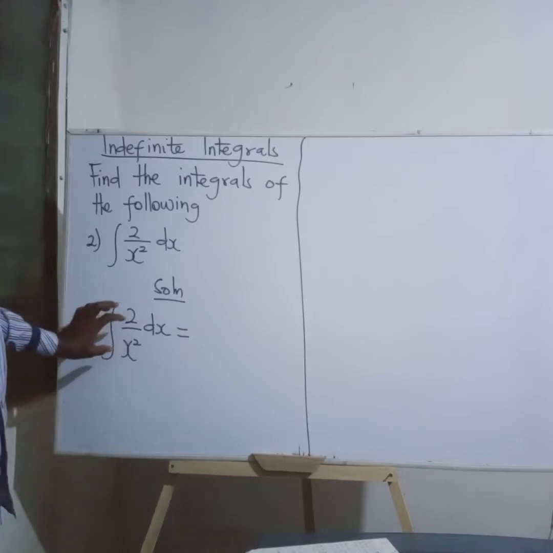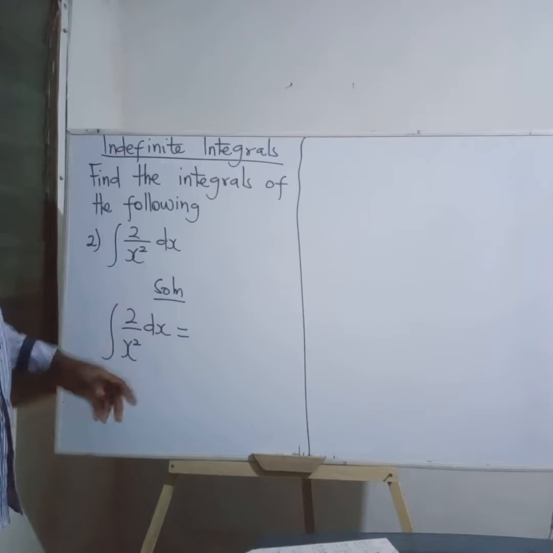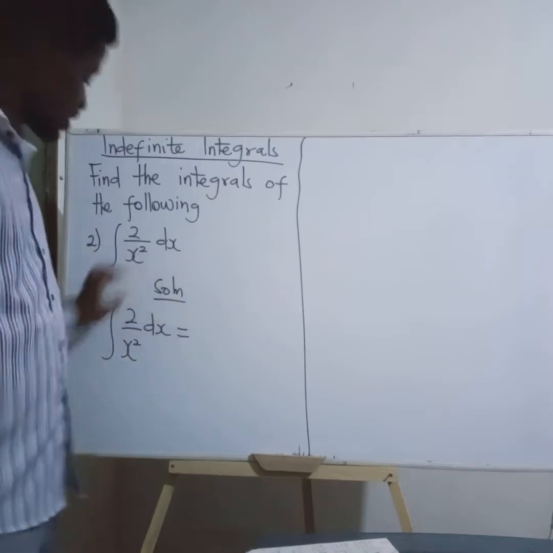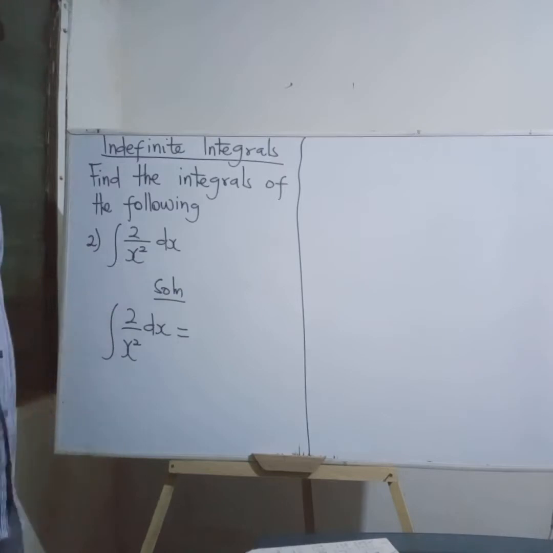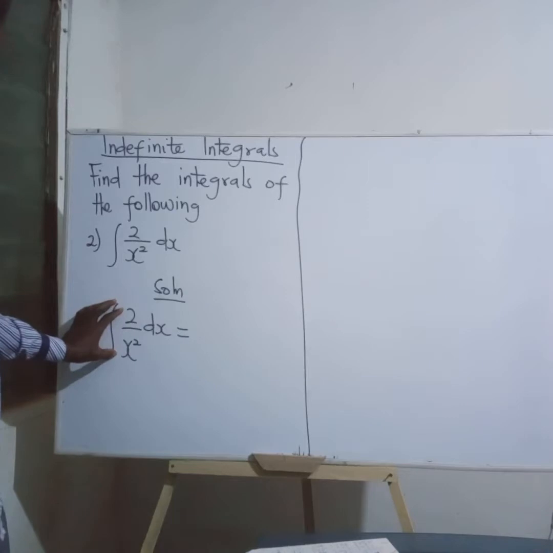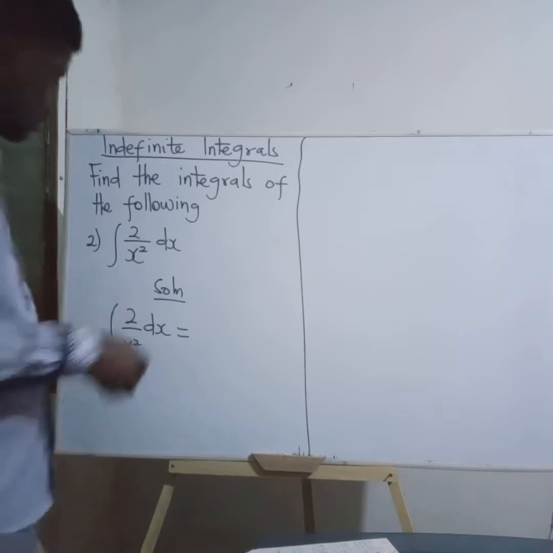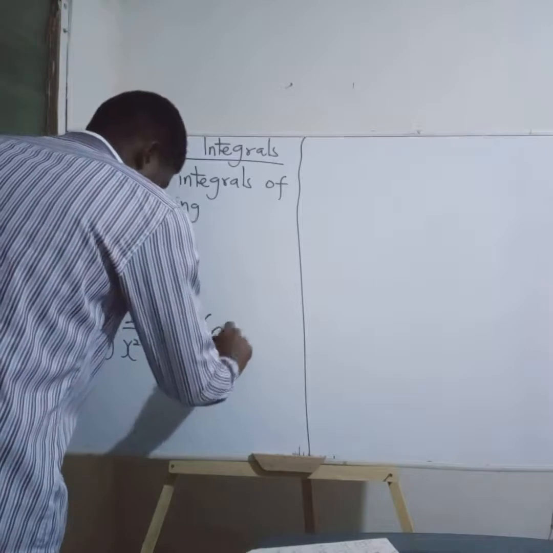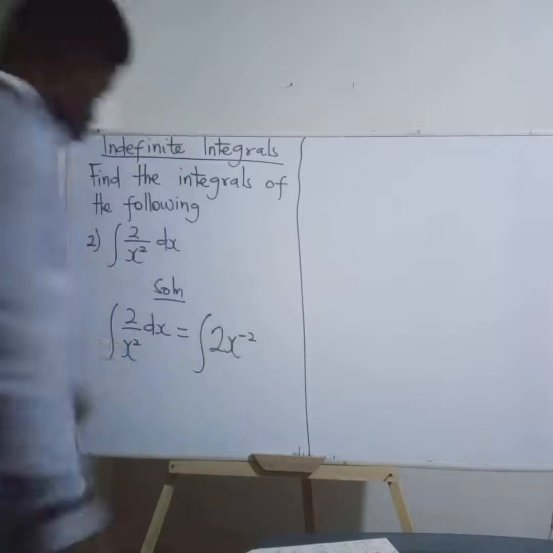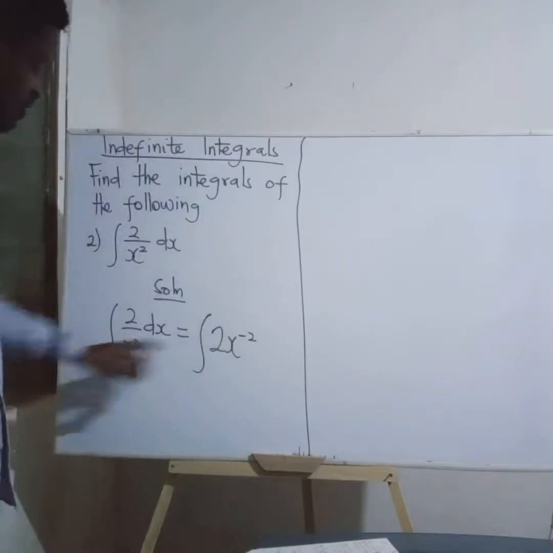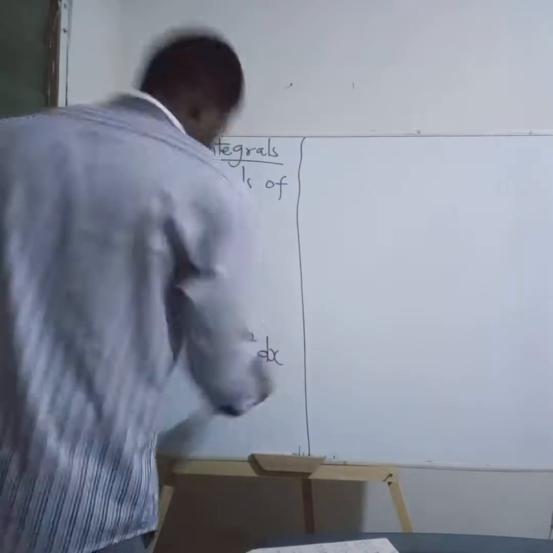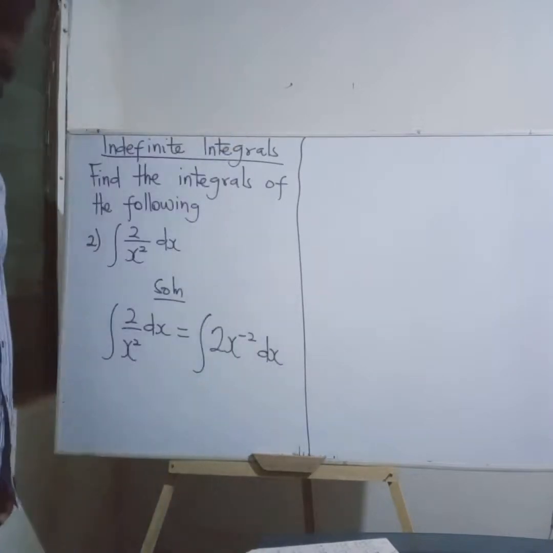Because we just said that in integrating this form, we add 1 to the power divided by the whole power. So this one will give me the integral of 2x exponent negative 2. When you take the inverse of this, you get 2 exponent negative 2 dx. So now you can integrate.